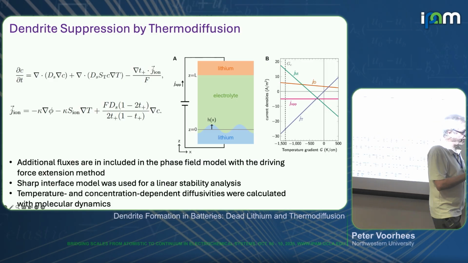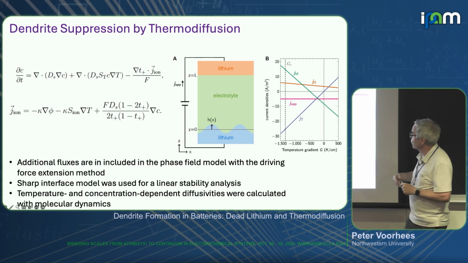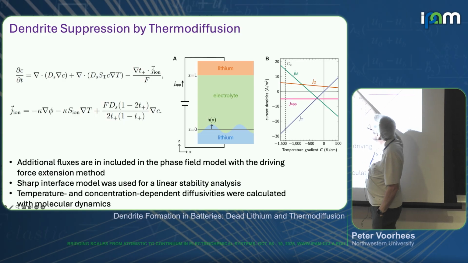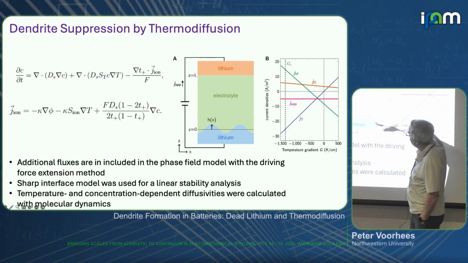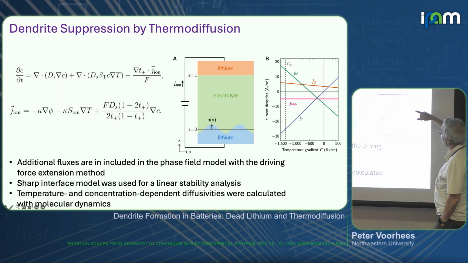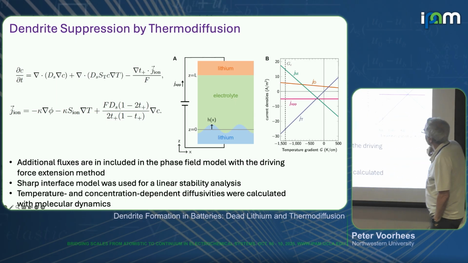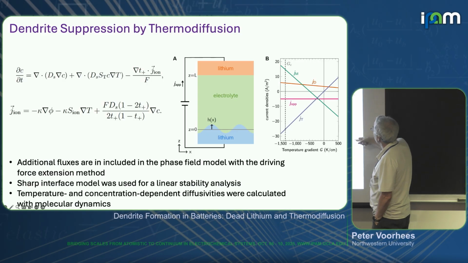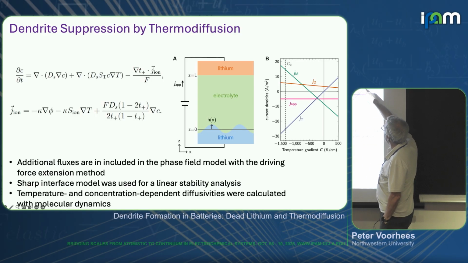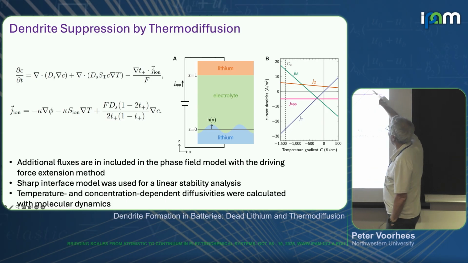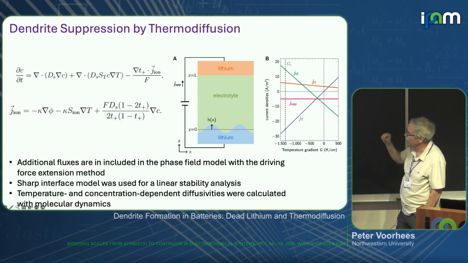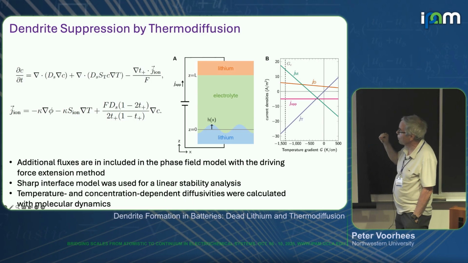So the effect is kind of illustrated over here. We have a discharging and charging interface. Here's the lithium interface down here. So you have a flux of lithium going from this side to this side. So this is temperature gradient. This is the diffusive lithium flux that varies slightly with temperature because of the slight thermal changes in the properties of coefficients.